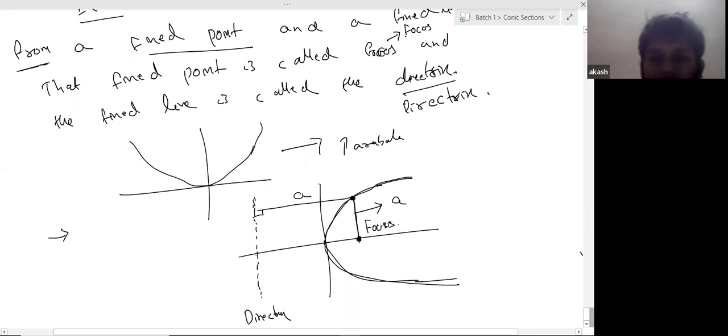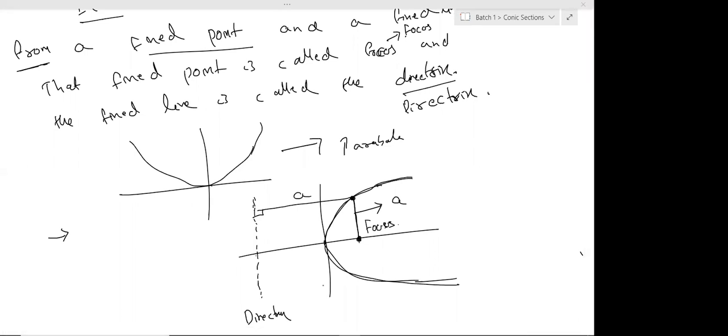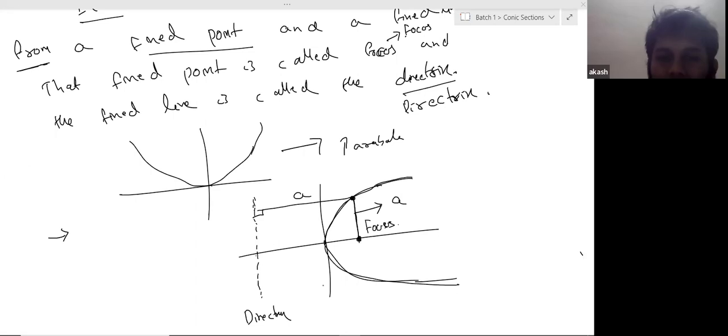Is it clear? Again, for any point on this parabola, this distance should be equal to this distance, even though it may not look like it, because I didn't draw it on a graph.